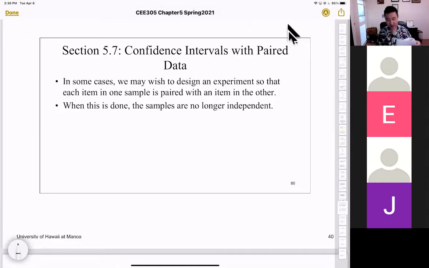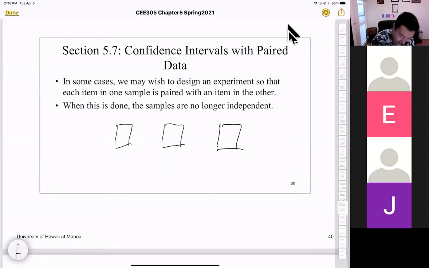So what is paired data, first of all? In some cases, we may wish to design an experiment where each item in one sample is paired with an item in another. So in this situation, the samples are no longer independent. Let me give you an example. I'm doing research on concrete, so I always give you examples in concrete.